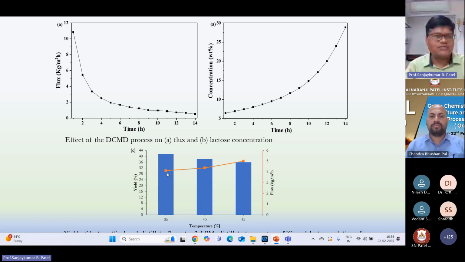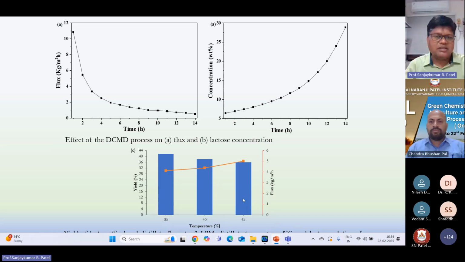We also studied different temperatures, 35, 40, and 45 degrees centigrade, for membrane distillation crystallization. At the highest temperature, the percentage recovery is obviously less and the flux is more. The flux decreases with a decrease in temperature.